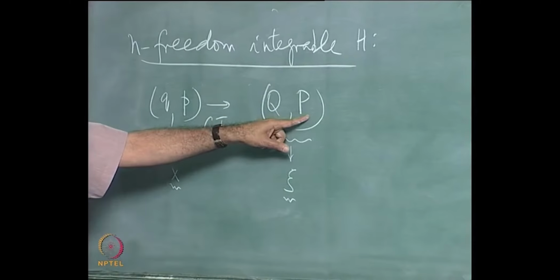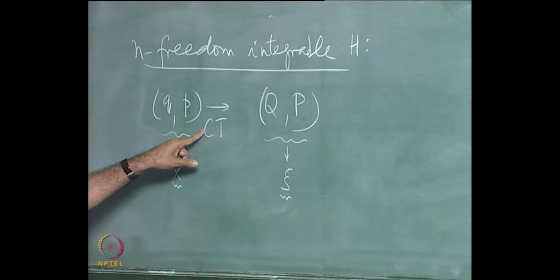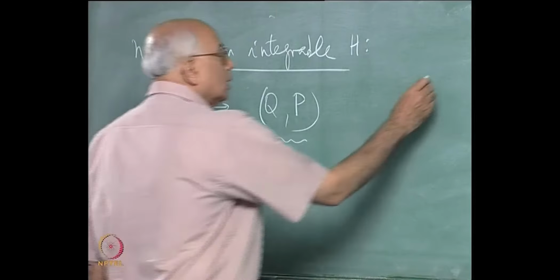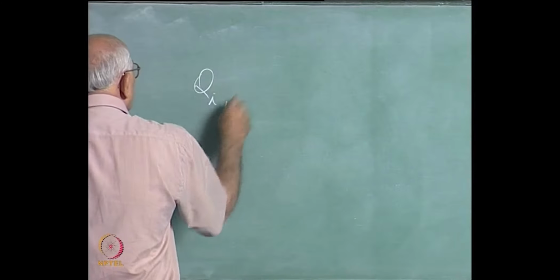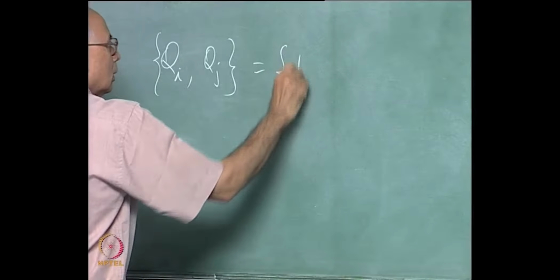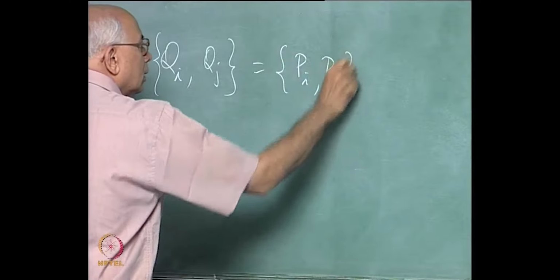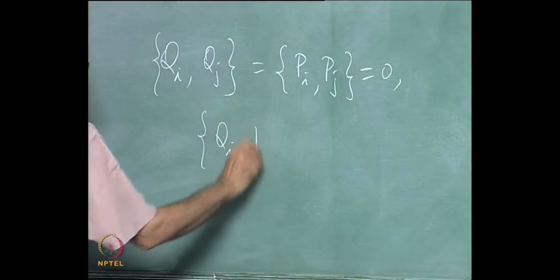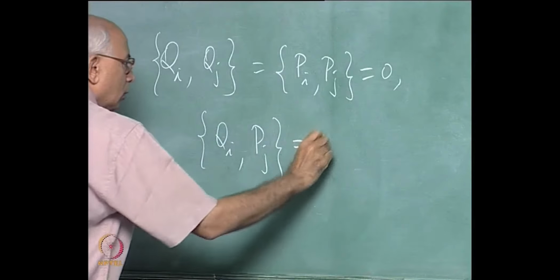These quantities are functions of these quantities which preserve the Poisson bracket structure. In other words, we know that {qi, qj} is equal to {pi, pj} is equal to 0, and we know that {qi, pj} is equal to delta ij.